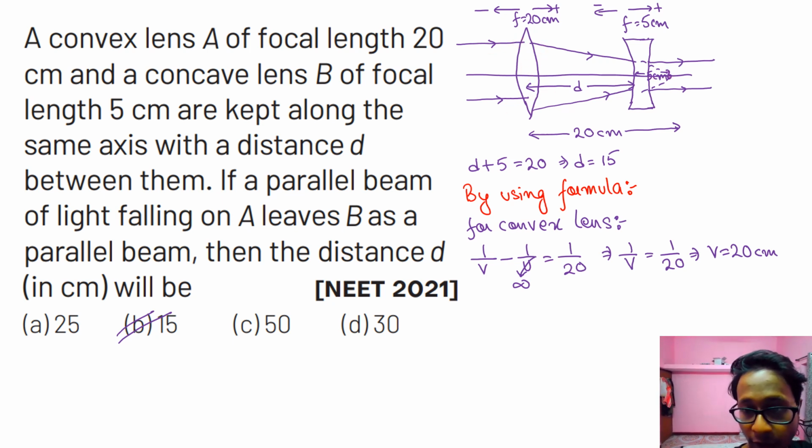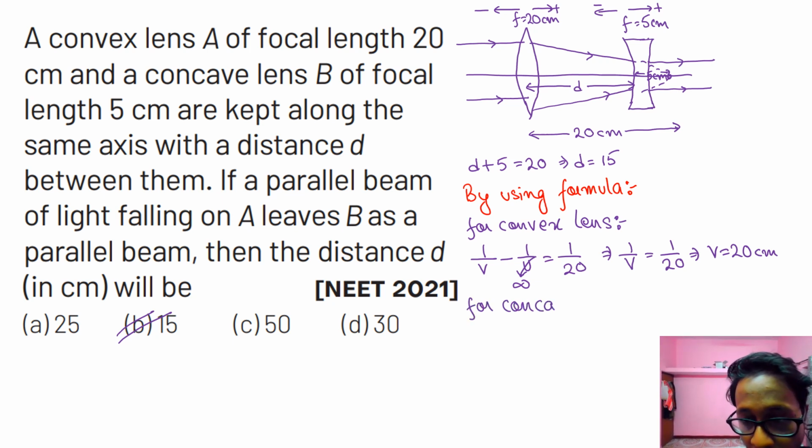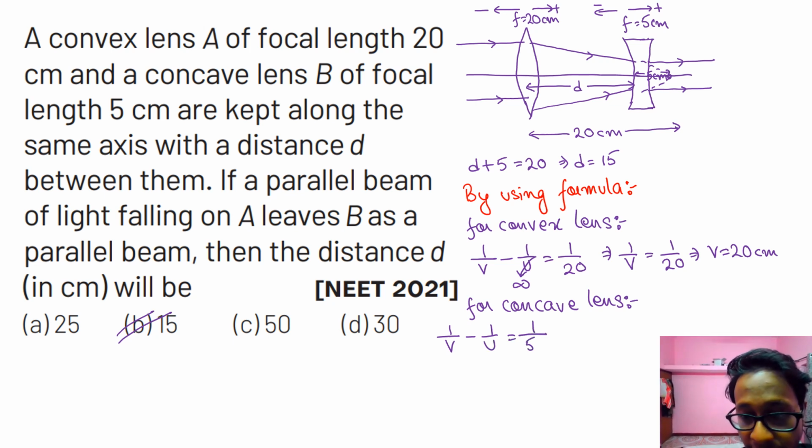Now for the concave lens, if I apply the same lens formula, 1 by v minus 1 by u is equal to 1 by f. What is the value of f? 5 centimeter. Now out here, the image would act as an object.